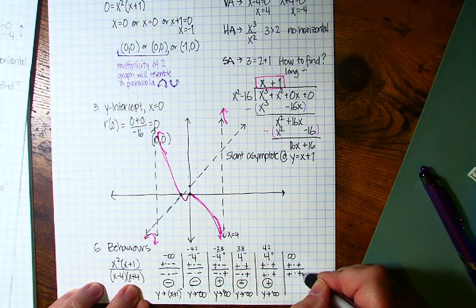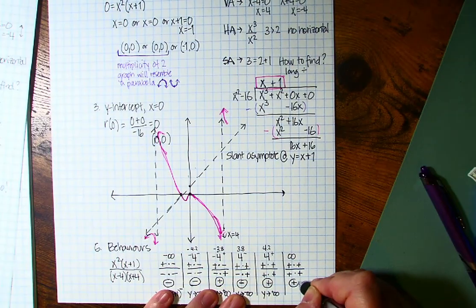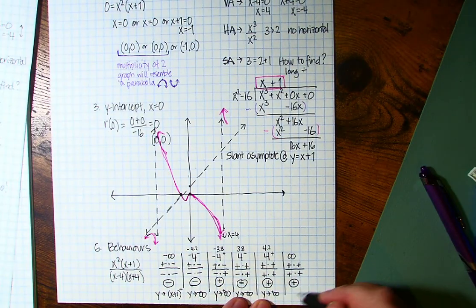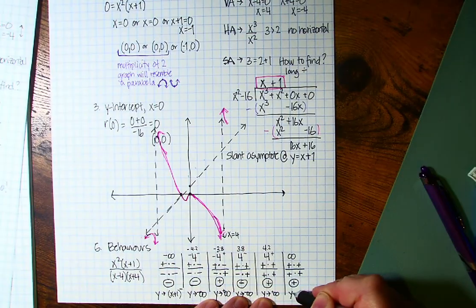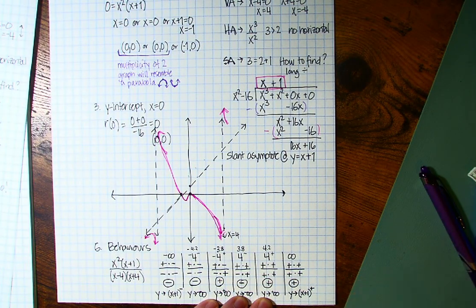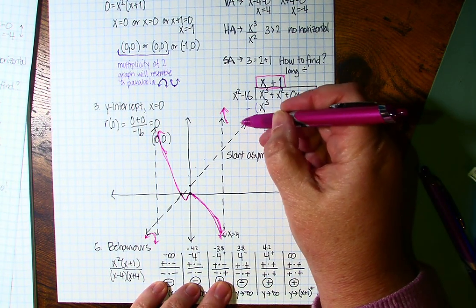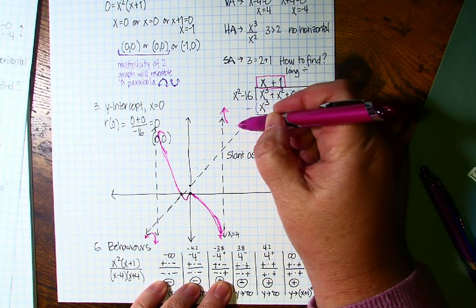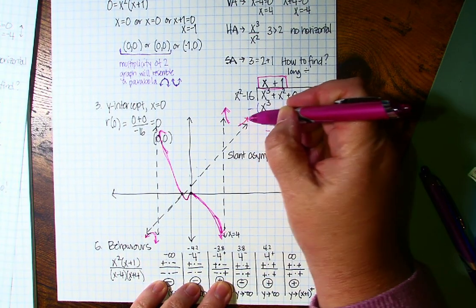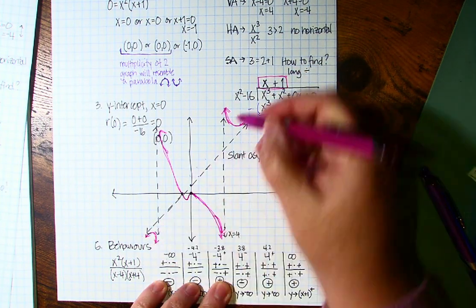If I add 4, it's still positive. This gives me a positive result. And as for the asymptote, this tells me that as y approaches this x plus 1 asymptote, it's going to be above that asymptote. So here's my asymptote, x plus 1. It's not going to be below, it's going to be above. So it's going to be like this. And this hugs that corner in the same manner that it did down here.